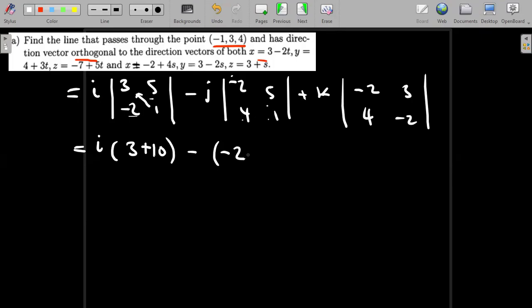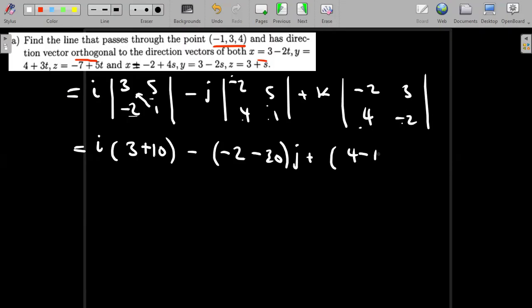So minus this negative 2, that will be minus 20 here. Then I have J like that. Then I'll have here to be plus. Then negative 2 by negative 2, that gives me positive 4. Then here I have 4 by 3, which is 12.